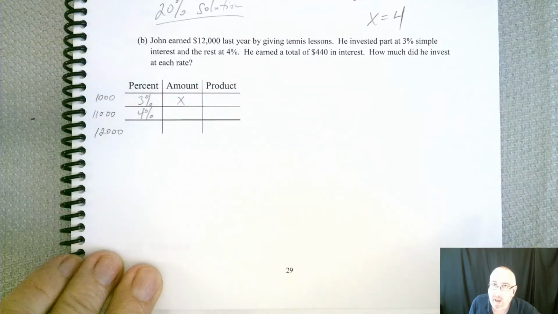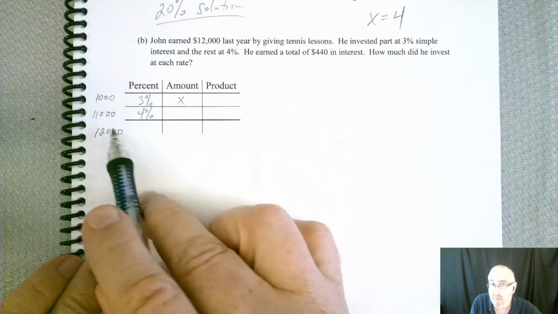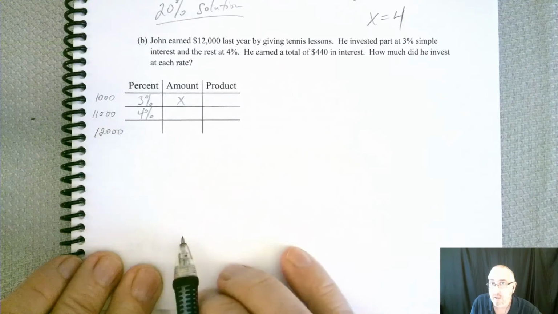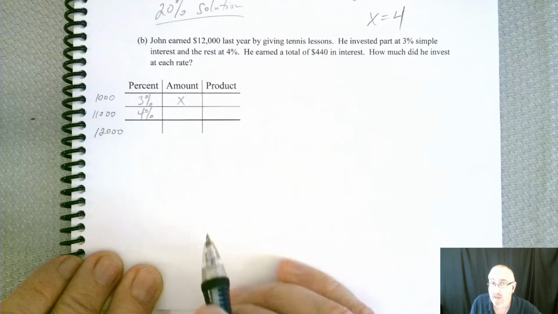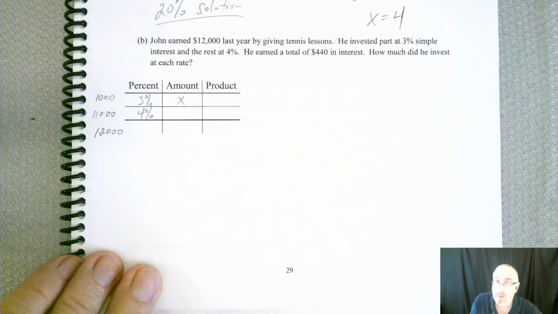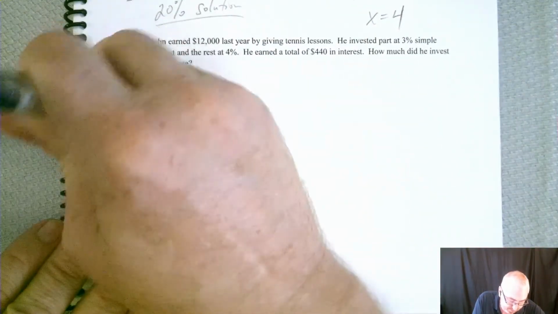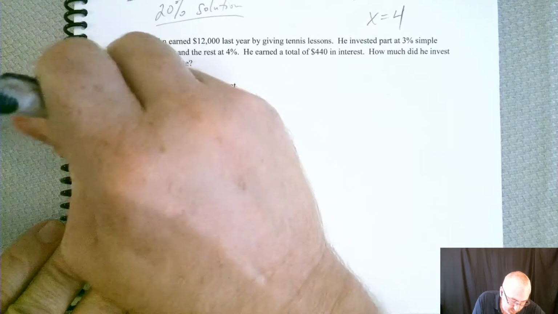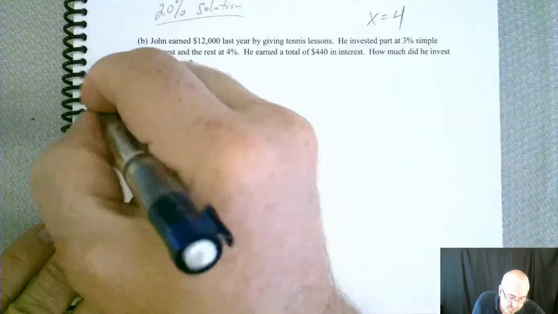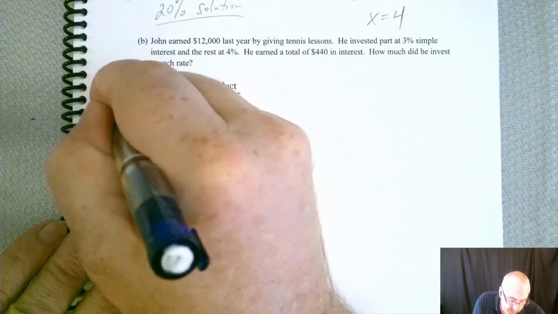But how did we get that mathematically? What did you actually do to get that $11,000? You had to subtract, right? You had to subtract from the 12,000. So let's change it up a little bit. Let's say we had $2,500 here.